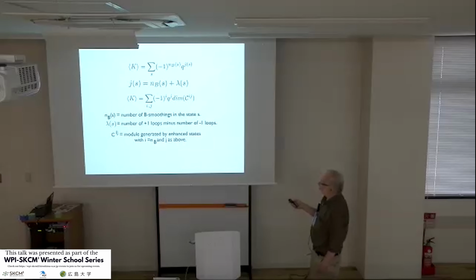But now we have a formula for the bracket in terms of these enhanced states. And see if you believe me. Think about the bracket. You're going to have -1 to the number of B smoothings, because the only place where a -1 occurred was when I did a B smoothing. There were no funny -1s in the evaluation of a loop. There are -1s.